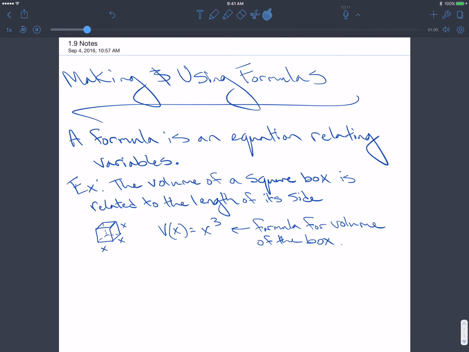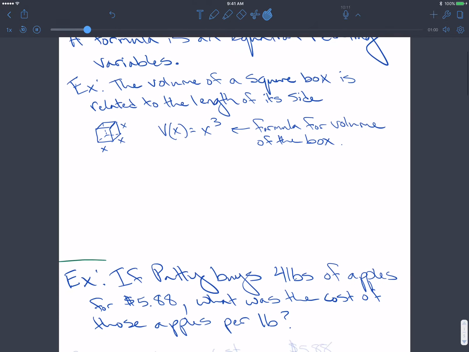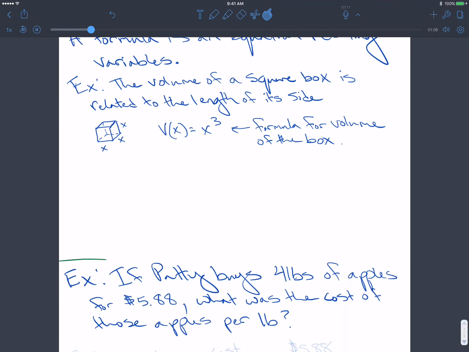We can use this idea to construct another formula. So for an example, if Patty buys 4 pounds of apples and it costs her $5.88 for those 4 pounds, what was the cost of those apples per pound? In order to construct a formula, we need to first figure out, okay, well, what's the rate here? So what is the cost of these apples per pound?